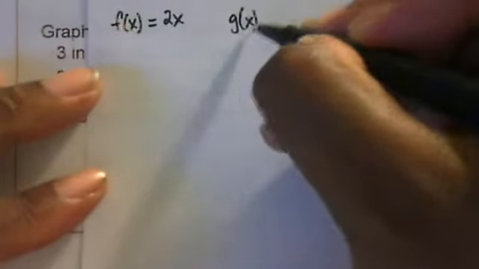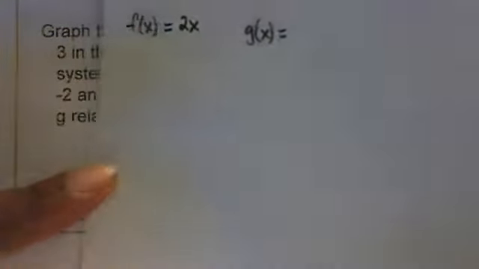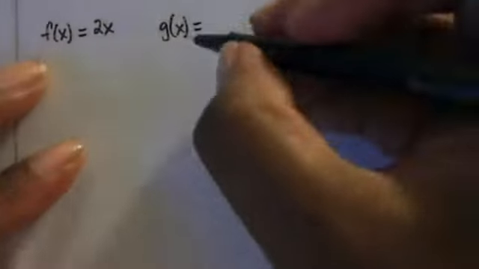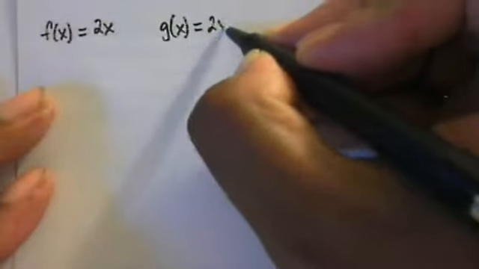So in this case here, we'll look at this function f of x is equal to 2x. And then we got the other function g of x is equal to 2x minus 3. And what I'm going to do here is create tables.